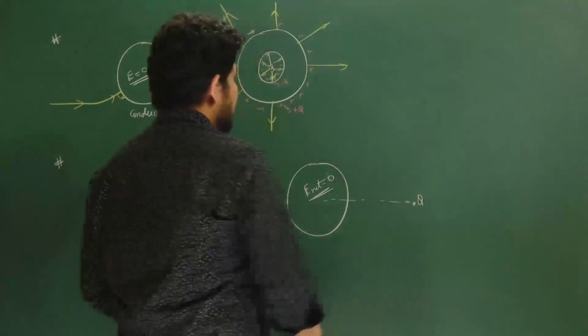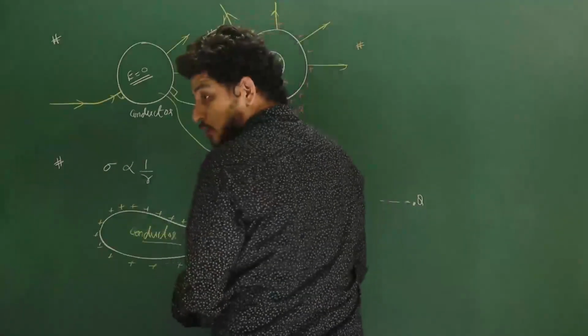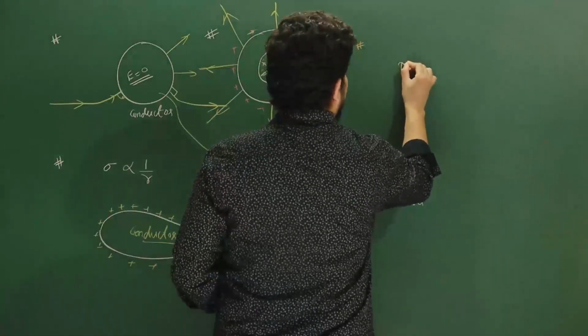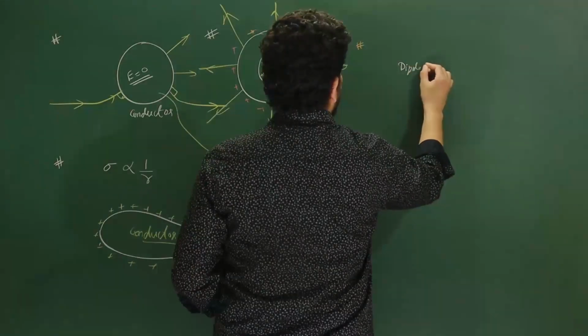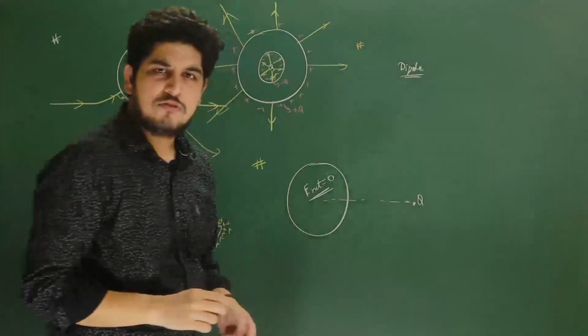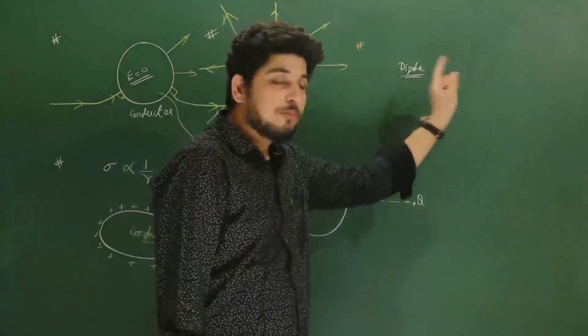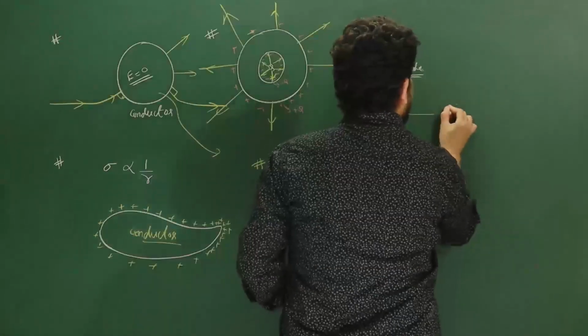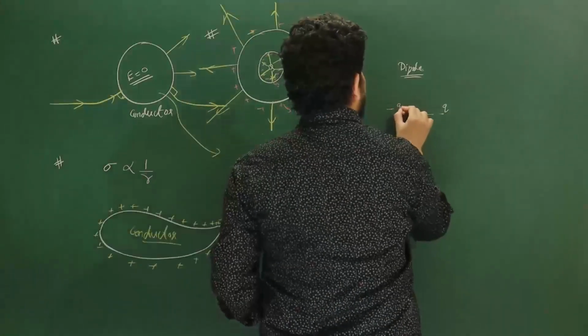This is the concept, and one more concept I want to discuss is the dipole. We will discuss this topic in the next chapter as well, but I am just covering the simple concept of a dipole. This is plus q and this is minus q.